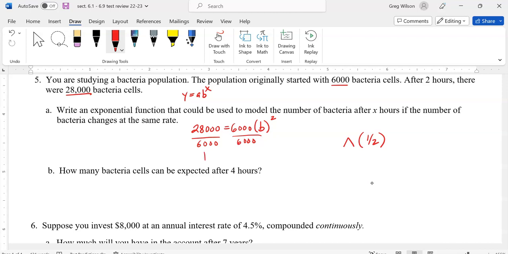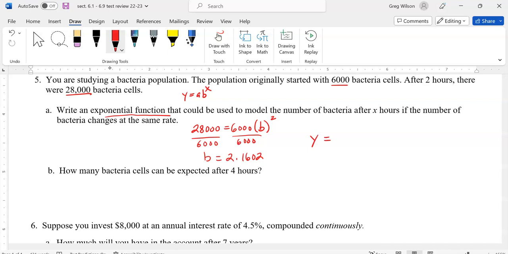So that tells me that B is, and I'll just round this to 4 decimal places, 2.1602. So now I'm ready to go ahead and finish my answer for part A. I haven't written a function yet. Some of you have seen this problem in the past and you just stopped at whatever B is, but the question says to write an exponential function.